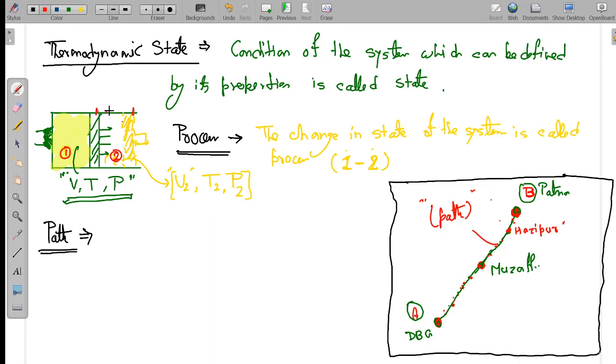In between, there are a number of pressure, volume, or temperature conditions. So if I want to plot a PV diagram, pressure and volume, let us consider that the first position, one, is this, and the final position is this.